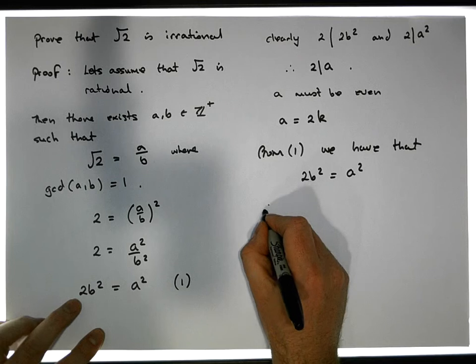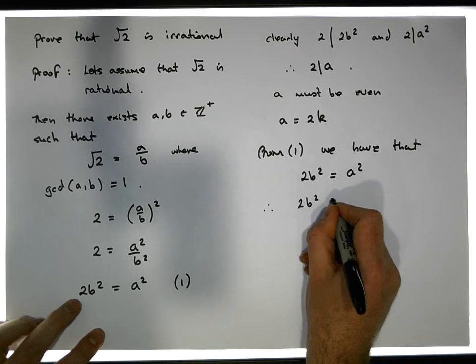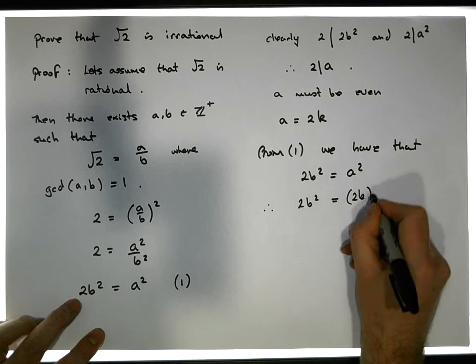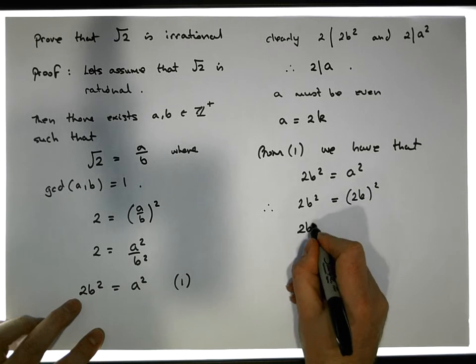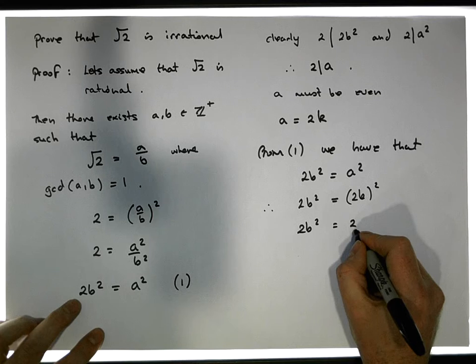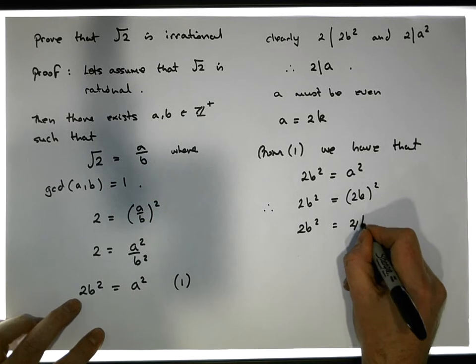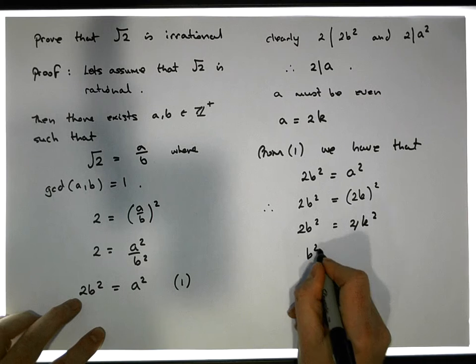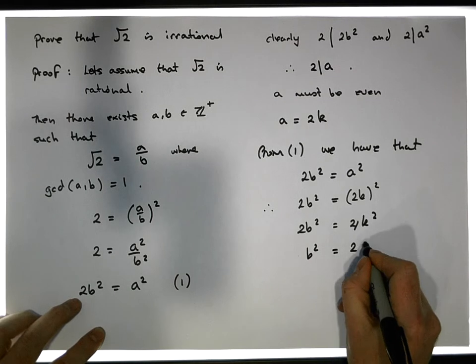So therefore we have 2b squared must be equal to 2 times k squared. Actually, it must be equal to 4 times k squared, which means that b squared must be equal to 2k squared.